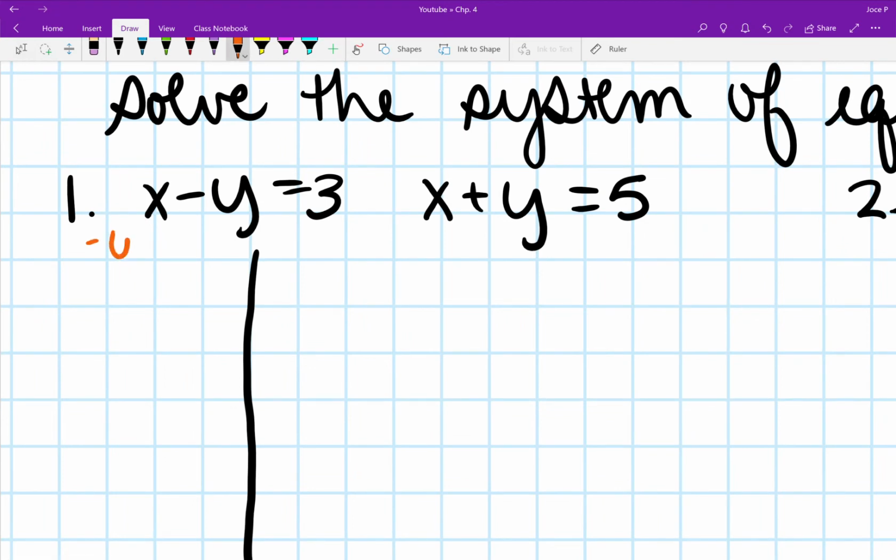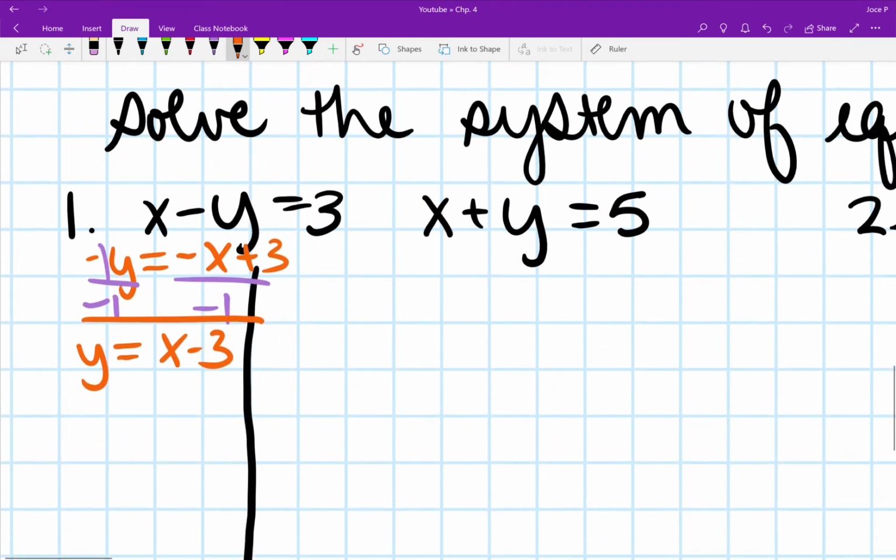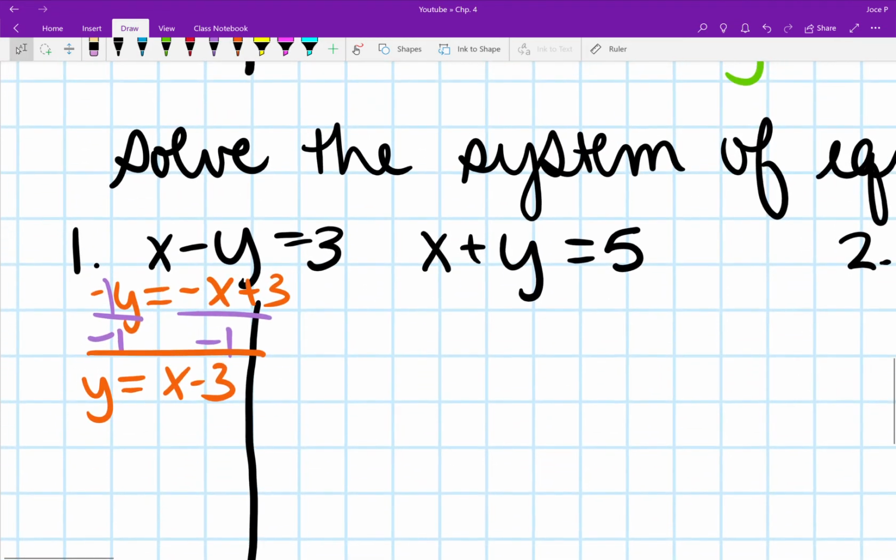We're going to have negative y equals negative x plus 3. Now we're going to remember to divide by our secret negative 1 to get y equals x minus 3. Fantastic.